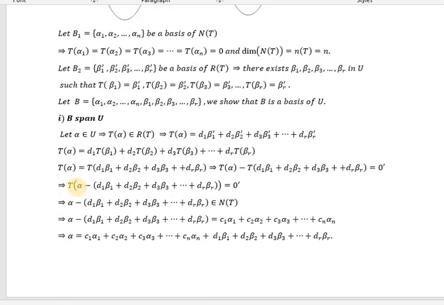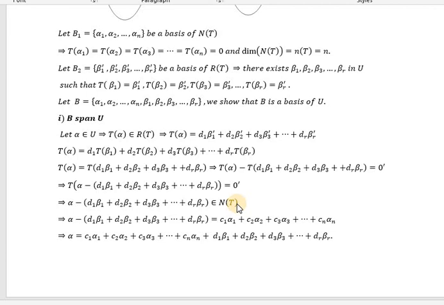So we get T of alpha minus d1 beta 1 plus d2 beta 2 plus d3 beta 3, so on dr beta r is equal to 0 dash. That means this term is mapped to 0 dash. Then this implies that this term belongs to the null space. Hence alpha minus d1 beta 1 plus d2 beta 2, so on dr beta r belongs to N of T.